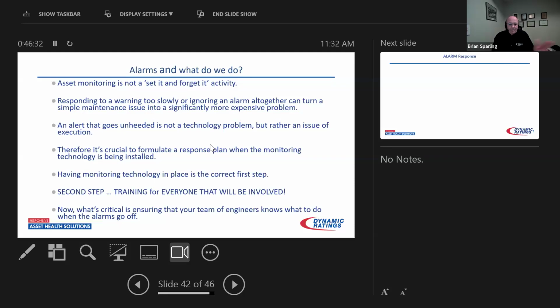And alarms. I think Drew alluded to it, I alluded to it. Asset monitoring is not a set-it-and-forget-it activity. Don't think of it that way. Responding to a warning too slowly or ignoring an alarm altogether, and I've seen examples of both, can turn a simple maintenance issue into a significantly more expensive problem.